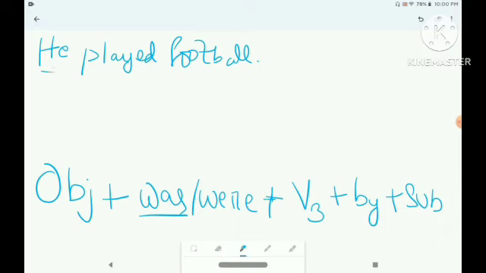It is an active voice. Now identify the tense, in which tense it is. It is in past simple. Apply this structure. Bring football to the first place.